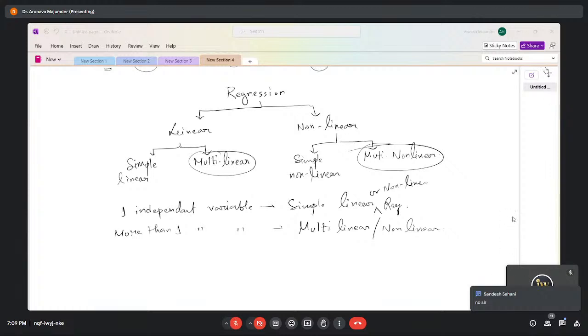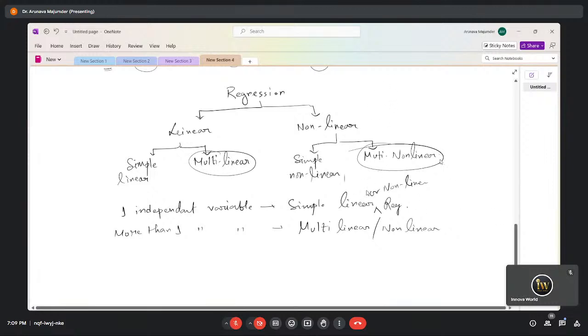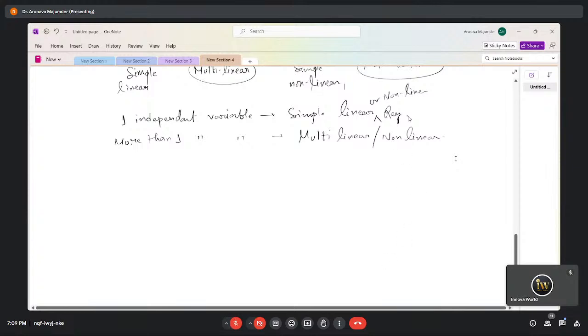Now I'm going to the next stage, going deep into the method. First I will show you how linear regression works, and then how nonlinear regression works.